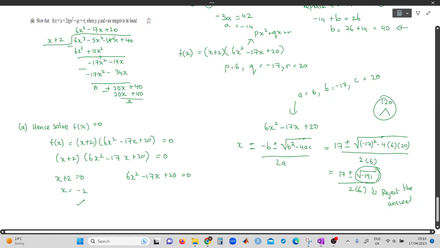We used the quadratic formula. Here, we get the square root of a negative. When I use the calculator, the square root of a negative is supposed to give a math error. So here there is no answer, therefore we will reject it. It is rejected. Okay, this is for the third part. You don't even have to write rejected. Okay, you will get marks for that, but when we equate it to 0, we don't get any answer for the quadratic. So x equals minus 2 and the answer stops there.